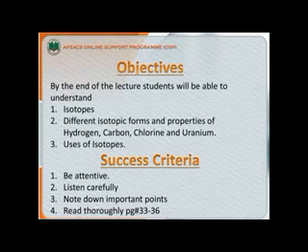Success criteria to achieve the objectives is you need to be attentive, listen carefully, note down important points, and read thoroughly page number 33 till page number 36.